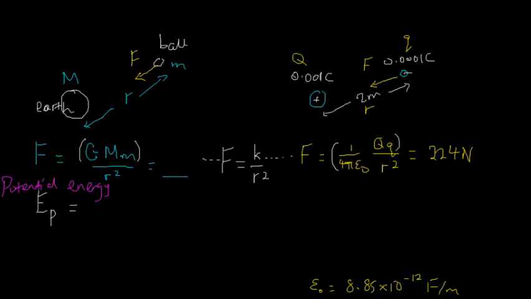Okay, so if you recall from my earlier videos on gravitational potential energy, this formula is minus GMm over r.